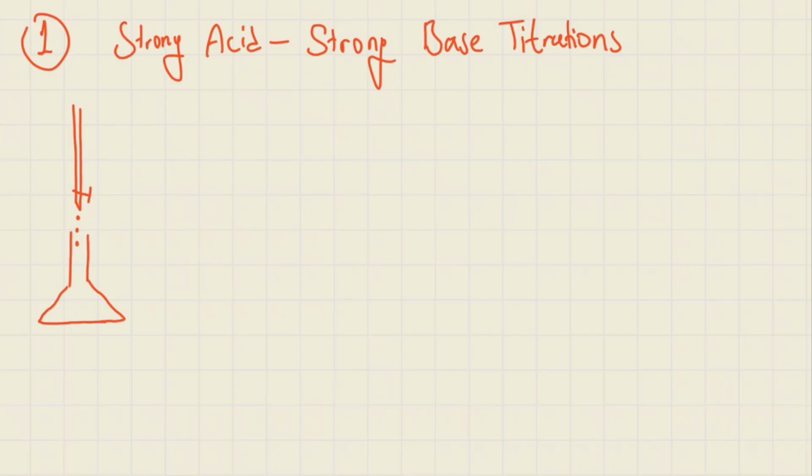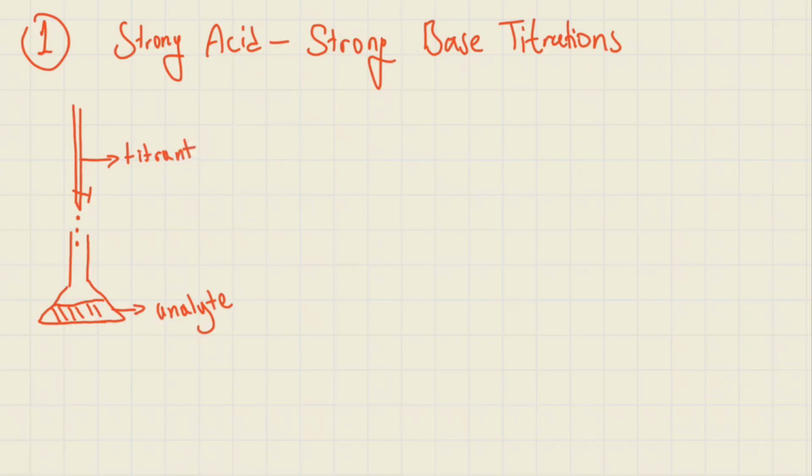And so simply we use two components, the titrant and the analyte. Normally the concentration of the analyte is unknown, and the Erlenmeyer flask contains the analyte, and the burette contains the titrant.